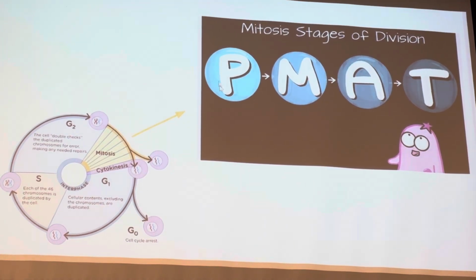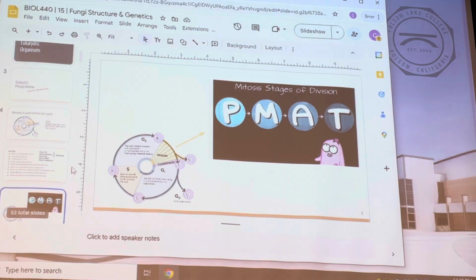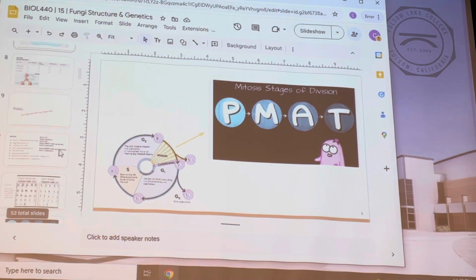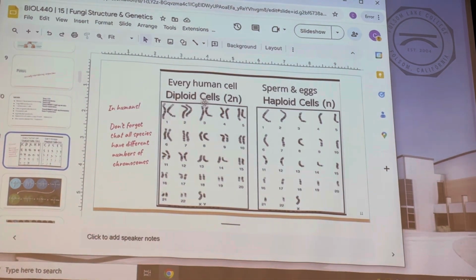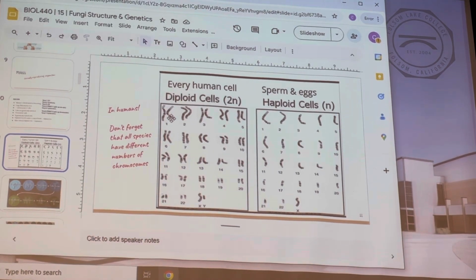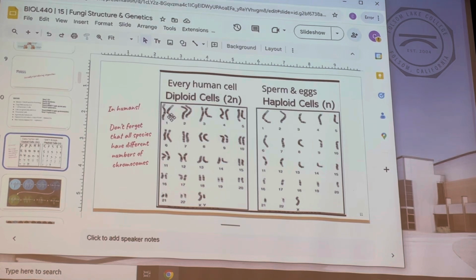They start condensing and aligning, and we look at metaphase a lot. In a karyotype, you're actually looking at metaphase because they're so condensed. They're hard to look at; it looks like an unorganized mess.